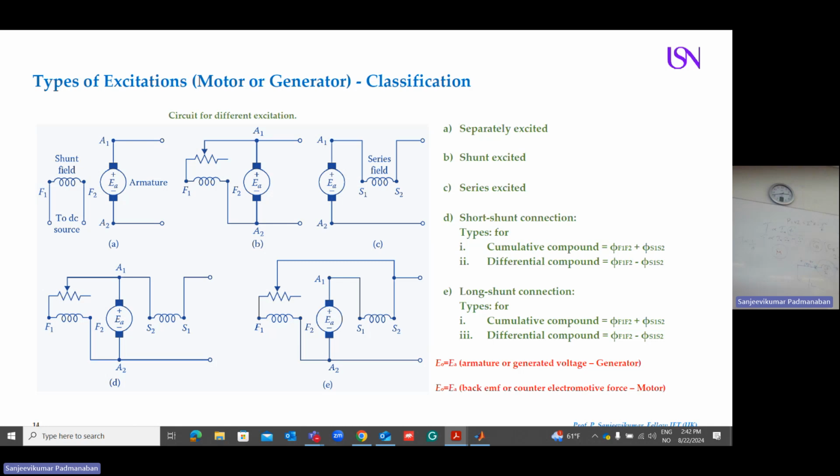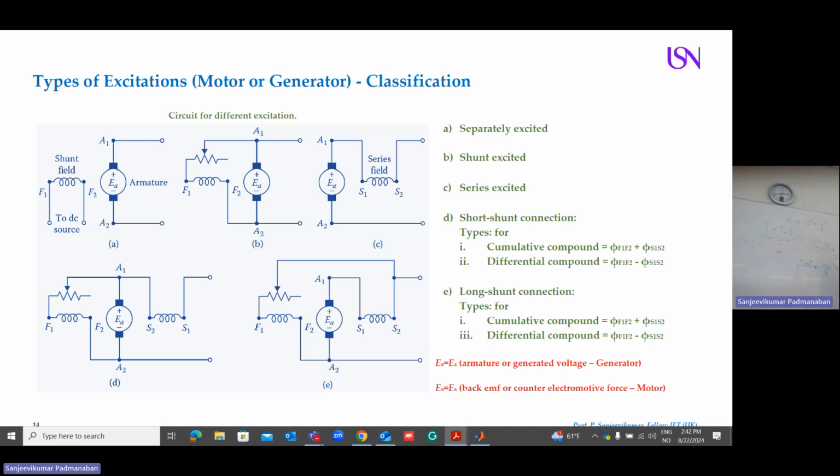If you add both the fluxes, cumulative. If the fluxes are subtracted, you get differential. Same applicable for long shunt. Whatever flux you produce here, phi 1, phi 2, if it is added, cumulative. Phi 1 minus phi 2, differential. Clear? This is a complete classification of your DC machine in one slide.